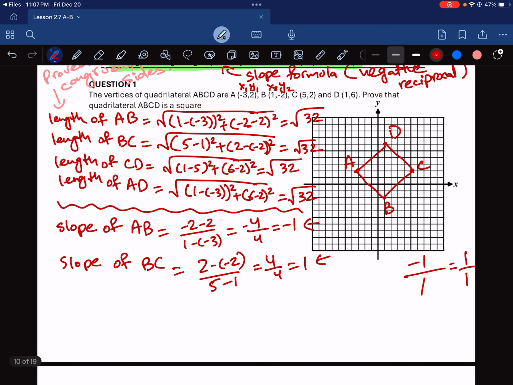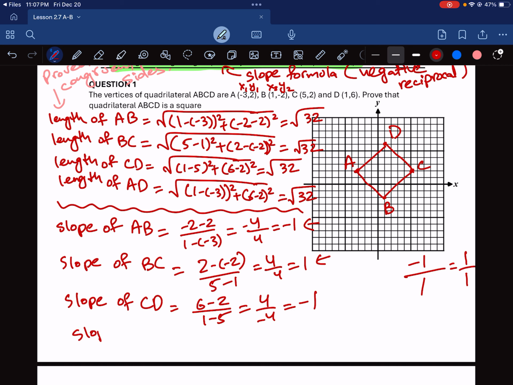So far, so good. But we must also find the other two slopes. The slope of CD is 6 minus 2 over 1 minus 5, 4 over negative 4, which equals negative 1.